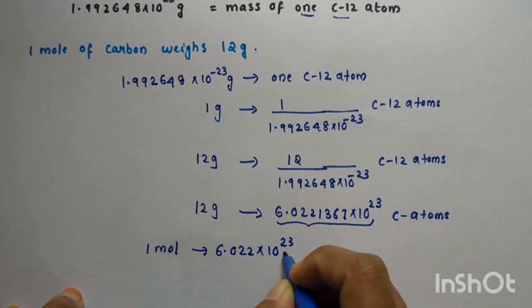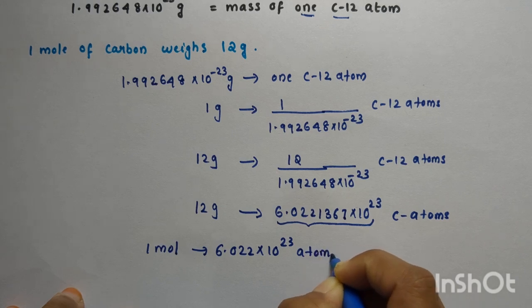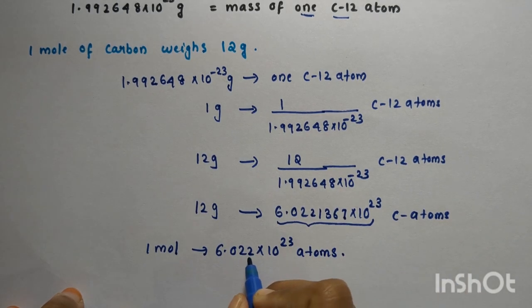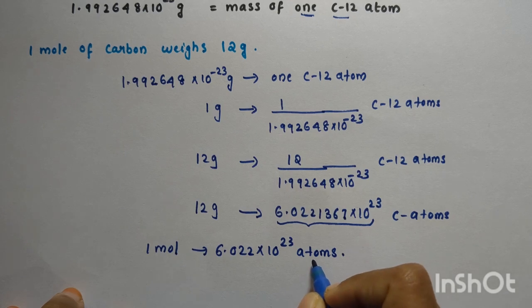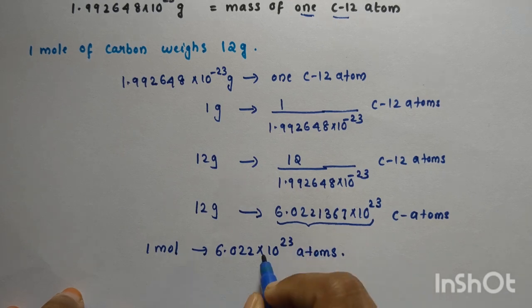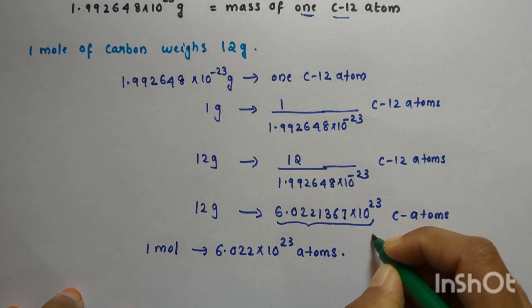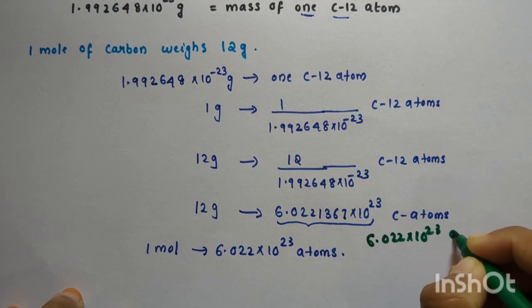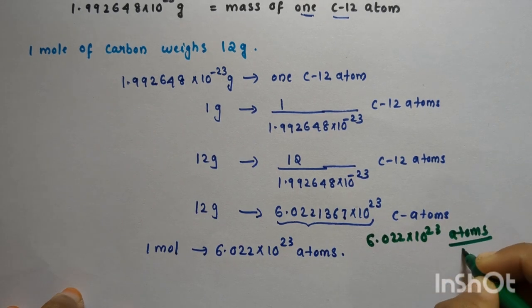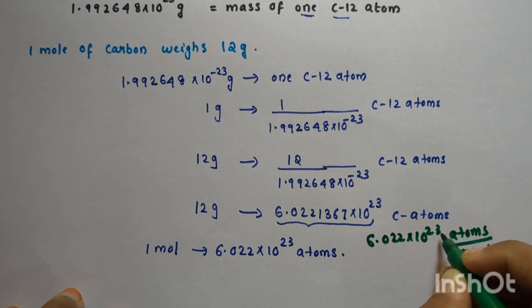That is 6.022 × 10^23 atoms per mole, because in 1 mole there are this many atoms.